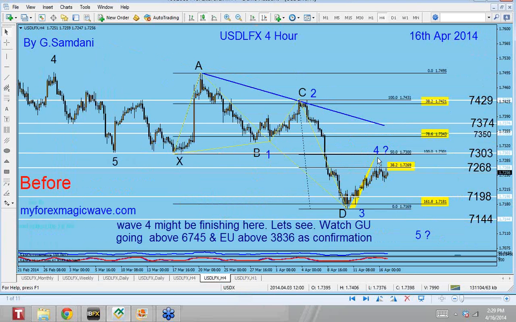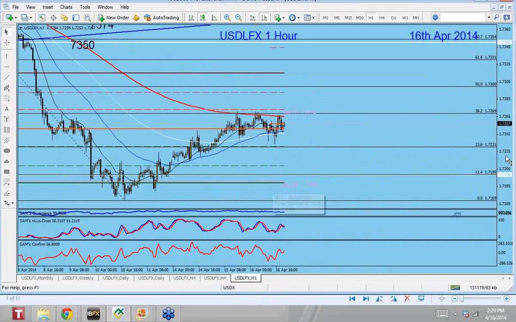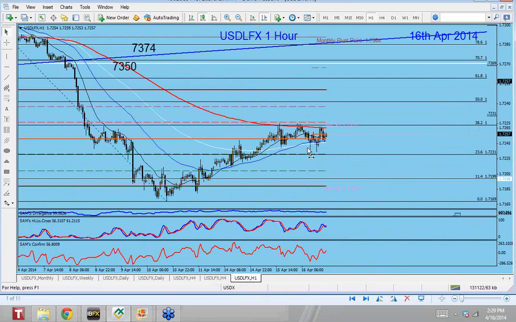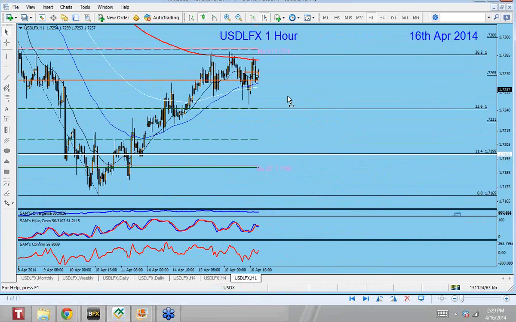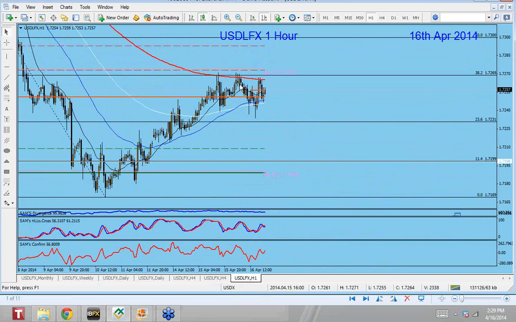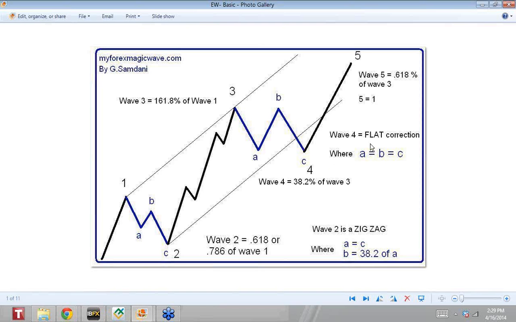1, 2, 3, we are finishing wave 4 to the upside, maybe 38%. On a smaller time frame, on a 1-hour chart, you can see a very nice sideways movement, which is characteristic of wave 4. A, B, C, just like here. A, B, C, a sideways flat correction, followed by wave 5.